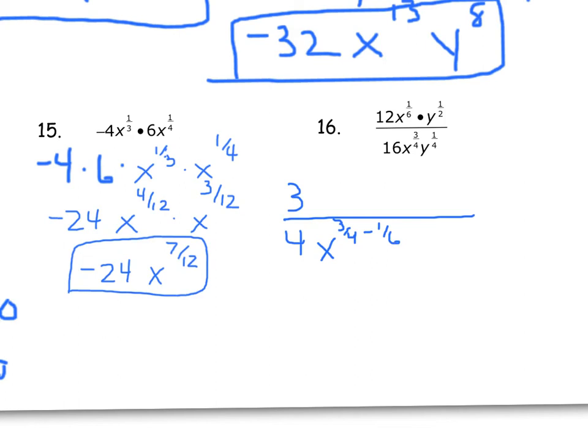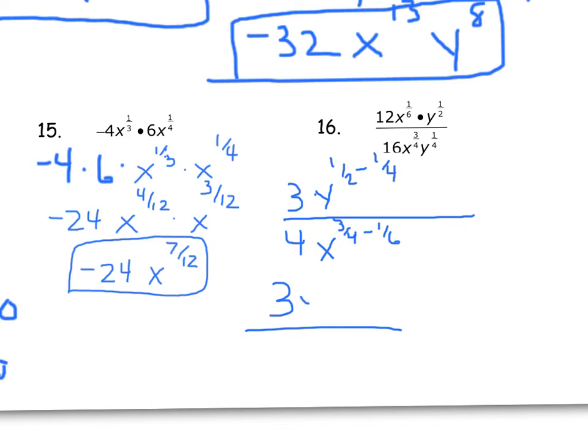And then looking at the powers of y, the power in the top has a bigger fraction than the power on the bottom, so those y's are going to subtract in the numerator. Y to the 1/2 is going to subtract 1/4. All right, get some common denominators. Then we have a common denominator in the top of 4ths.